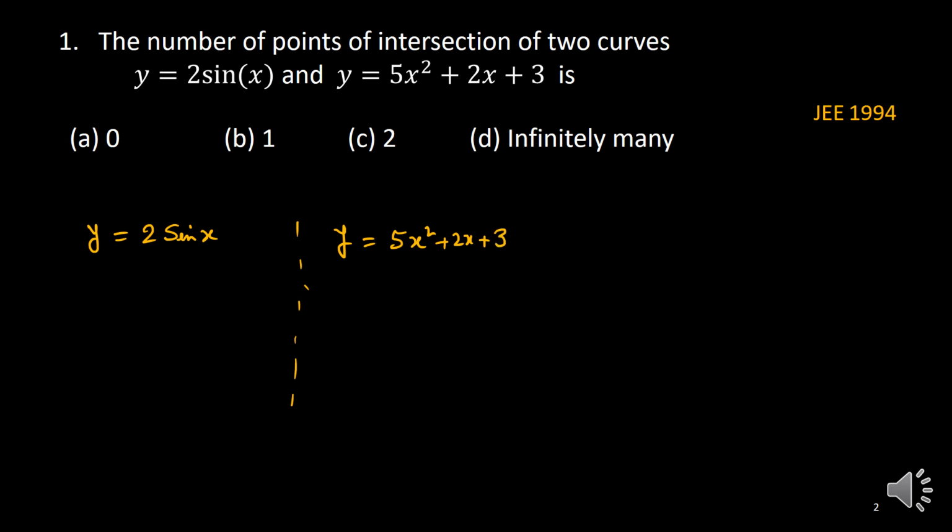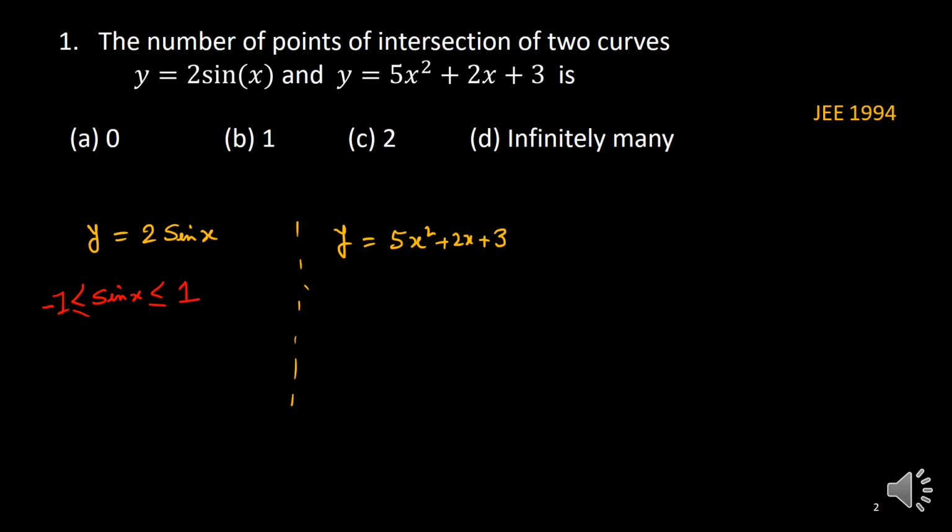One easy thing is that first we'll try to understand the range of these two functions, meaning for real values of x, what is the range of y? As we know, sin x is always bounded within +1 and -1.